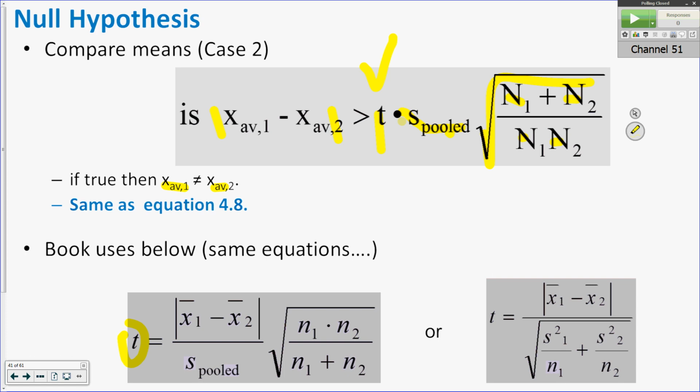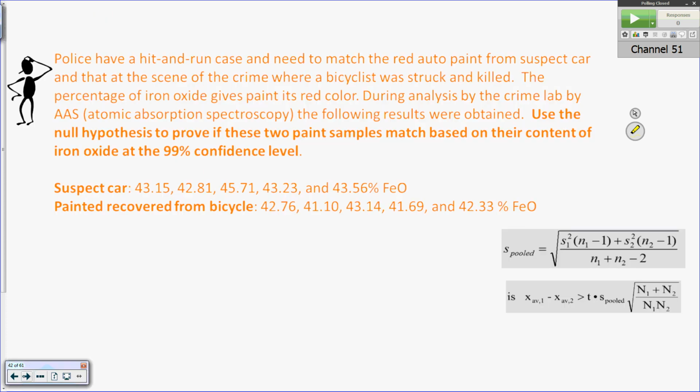I just don't see the logic in that approach because this is what you're concerned about, the difference in those two averages. So every other author that I've ever seen uses this approach. Harris, our author, likes the one at the bottom. So if you want to use the one at the bottom on the test, it's going to tell you the same thing. All right, let's work a problem.